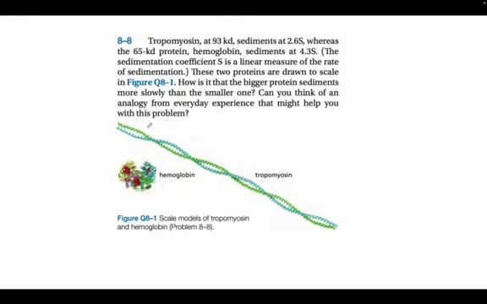Because of its large surface area, it is going to face more friction. There's more surface area exposed to the medium, and it is going to face more friction as it moves through the medium, which is going to oppose its sedimentation. So this is going to sediment slower than a globular protein like hemoglobin, even though it is actually a heavier protein.